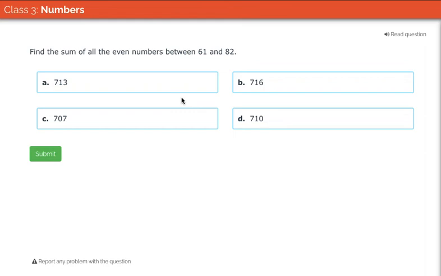7, 7 to 14, 7 to 21. So these three will make 210 plus 8, which is equal to 218. Okay, this is also there. This is 8 to 16, 160, minus 2, 158.